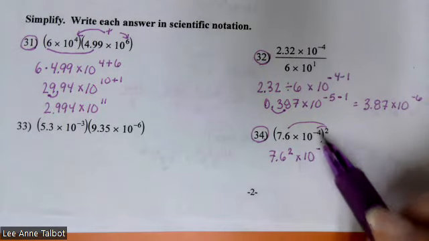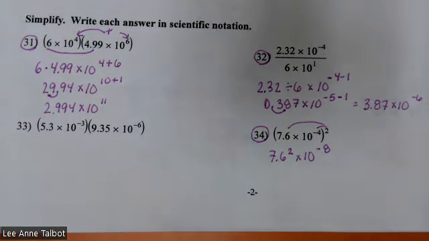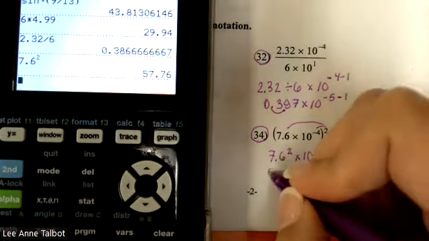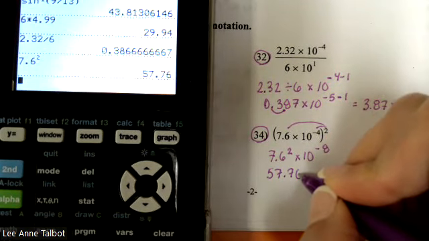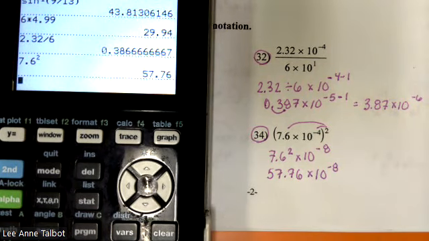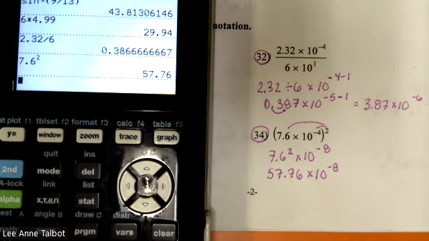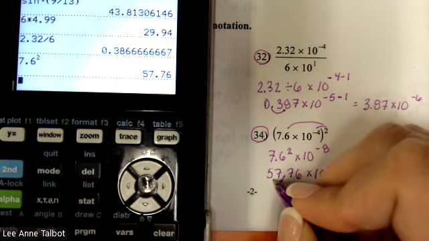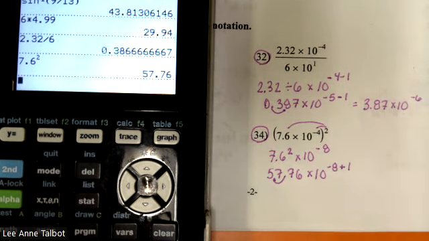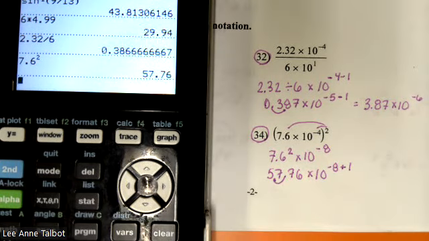The number in front to the power, multiply the exponents. 7.6 squared is 57.76. Which is too big. So I'm going to go down a power. And that means I need to move this up a power to balance it.